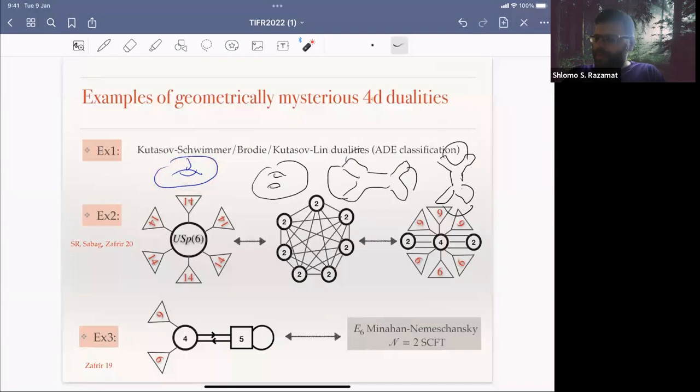For example, one thing you can do is study line operators in these theories. The line operators correspond to some branes in six-dimensional language that you wrap on these surfaces and become lines in lower dimension. So you can do something like that or something like this, and these correspond to different lines, for example Wilson lines or 't Hooft lines.